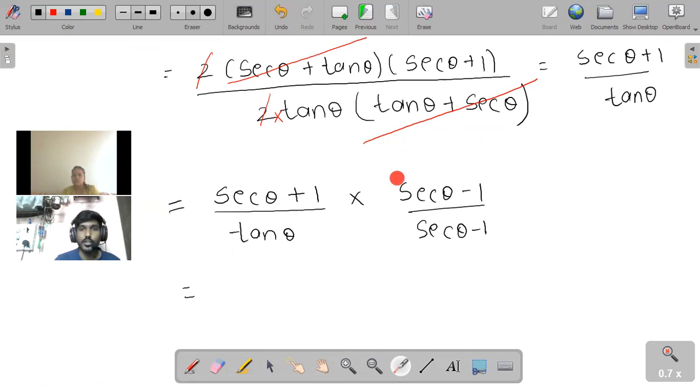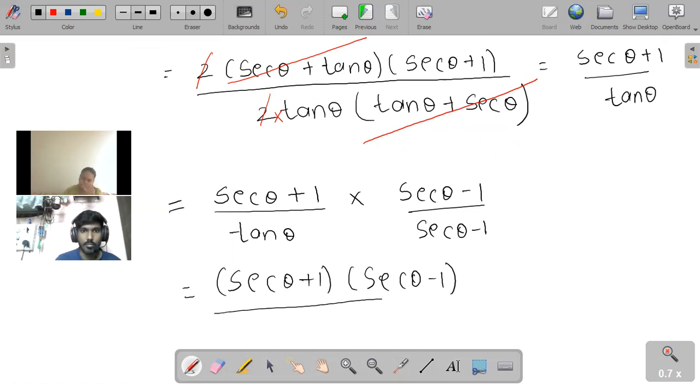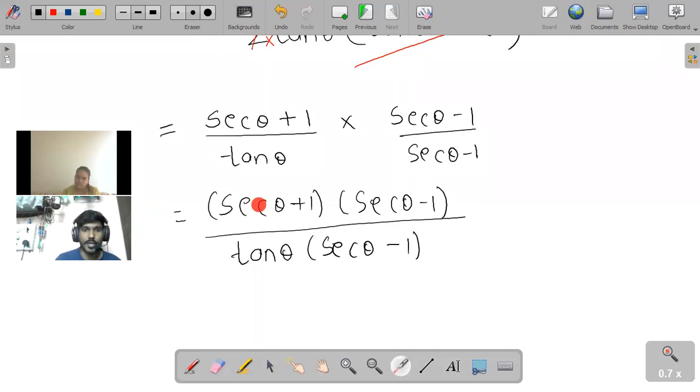Okay, but here you multiply numerator with numerator. So this becomes sec theta plus 1 into sec theta minus 1 upon tan theta into sec theta minus 1. Now, if you see, the numerator is of the form a plus b, a minus b.